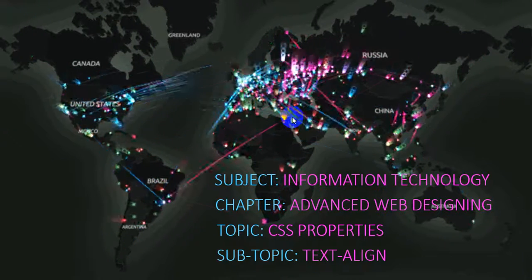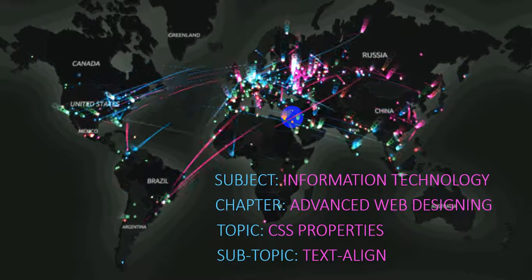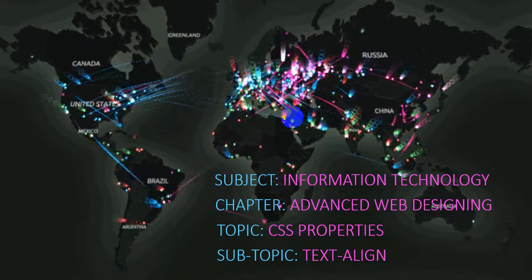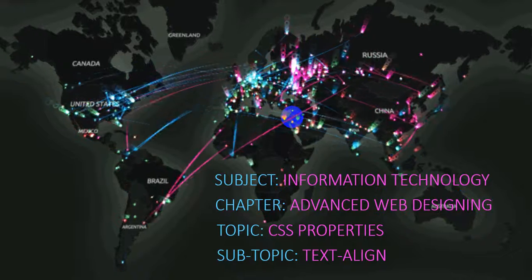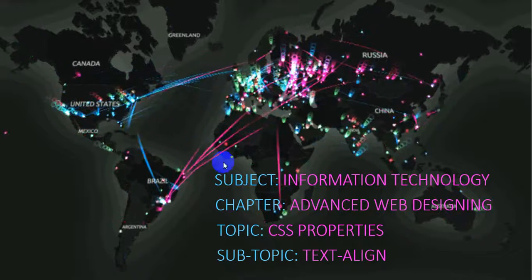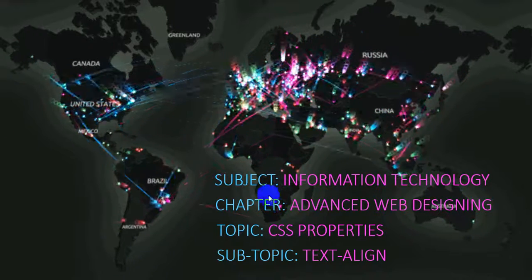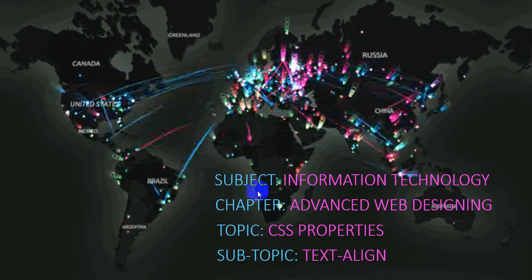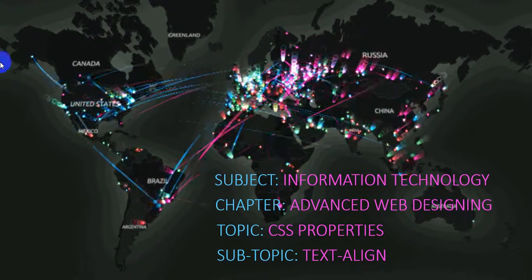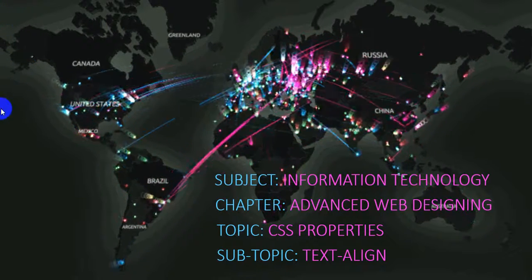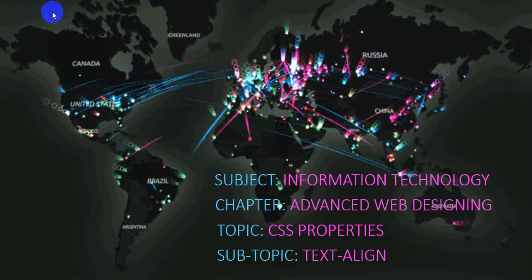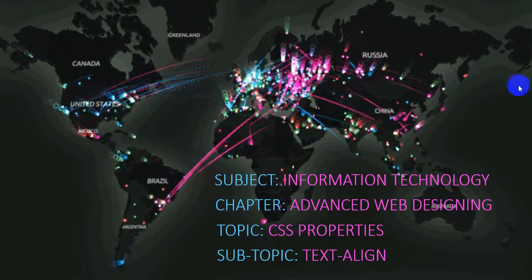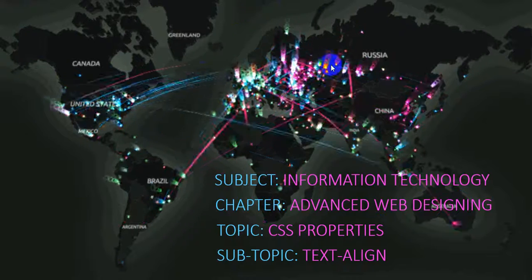So possibly I can assign my text into three possible alignments. For example, if I consider this is my text, this text can be placed on the left hand side, means the text will start, or align, from the left hand side, or we can start from the right hand side, or we can put it inside the center.